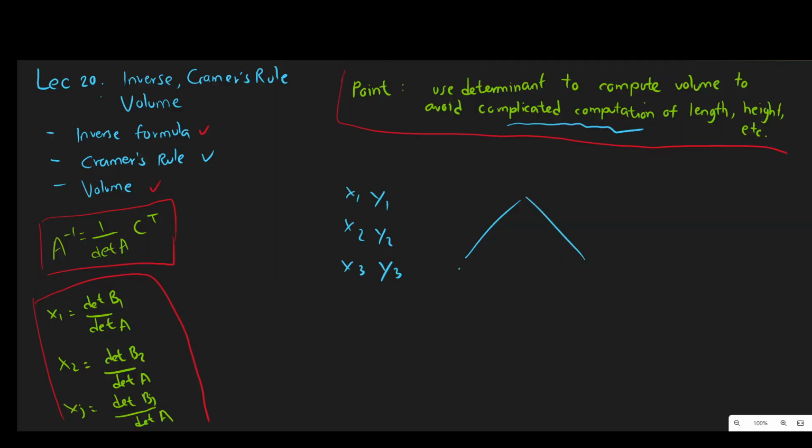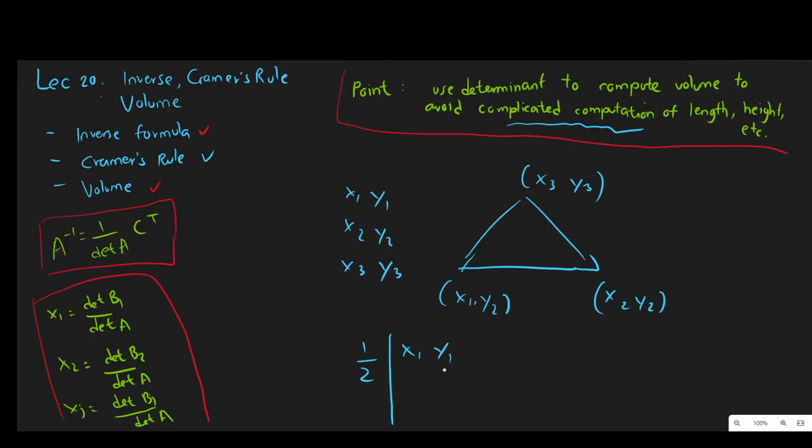You will end up with some triangle somewhere in the plane, and you can compute half of the determinant of this matrix. And that's it. This is the area of the triangle. And that's it for my summary of lecture 20. Thank you.